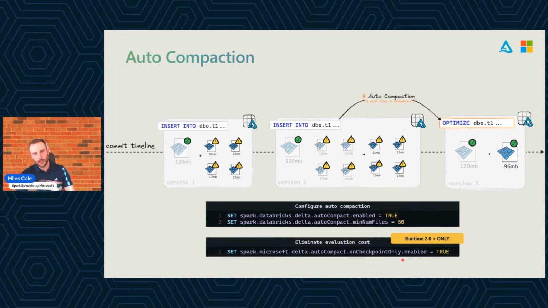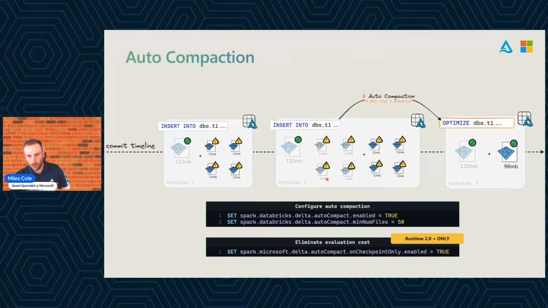This makes it so that auto compaction only evaluates when checkpointing is taking place on the Delta table, because then it effectively eliminates the overhead to calculate if there's too many small files. So this can be turned on.